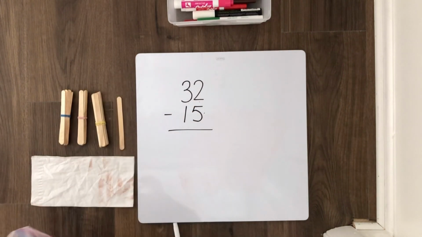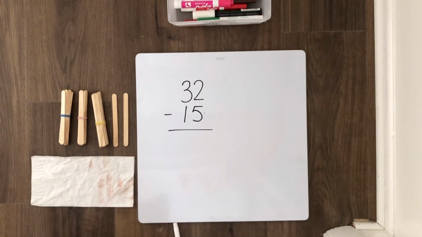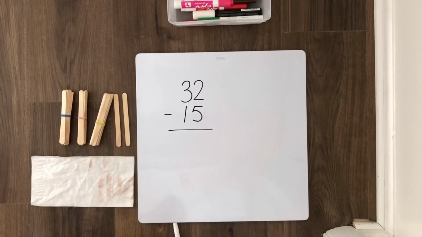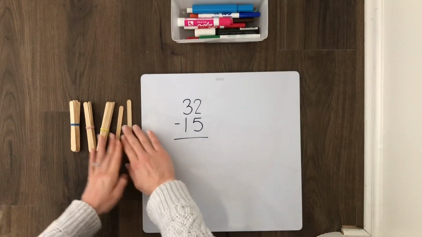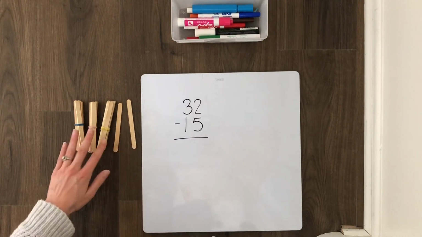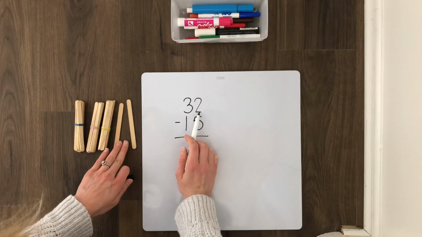So 1, 2. All right, so here's your 32. If you need to pause the video while everybody gets that, that would be okay. So we have 32 shown right here, right? We have 3 groups of 10 and 2 ones.